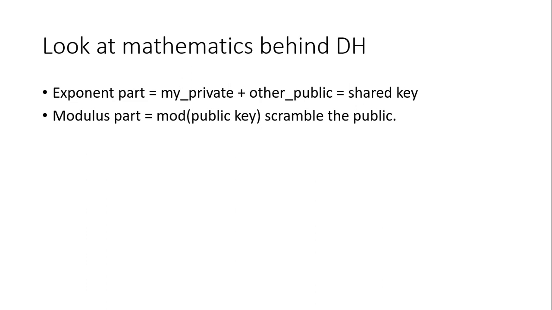The modulus part is to scramble the public key. Because the public key is derived from the private key, without this modulus component, when people grab the public key, they can reverse calculate back the private key very easily.